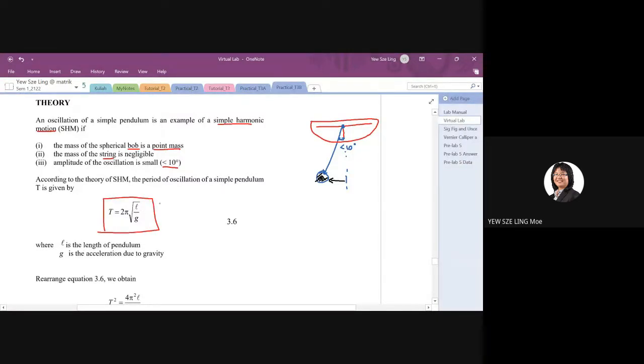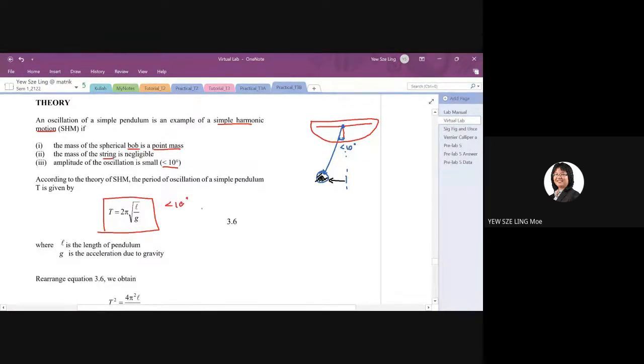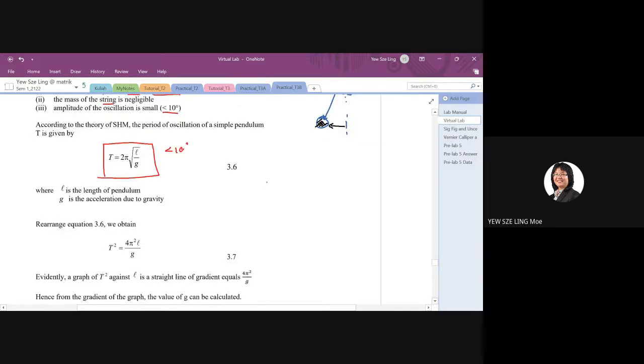This is derived based on the assumption that the angle is less than 10 degrees, a very small angle, so the object is moving in a straight line from the vertical to a point less than 10 degrees. That's why our equation is valid for less than 10 degrees.